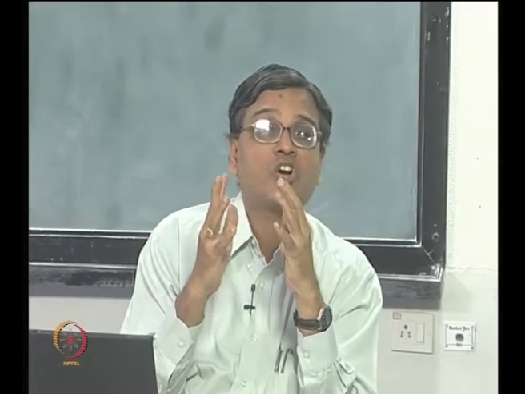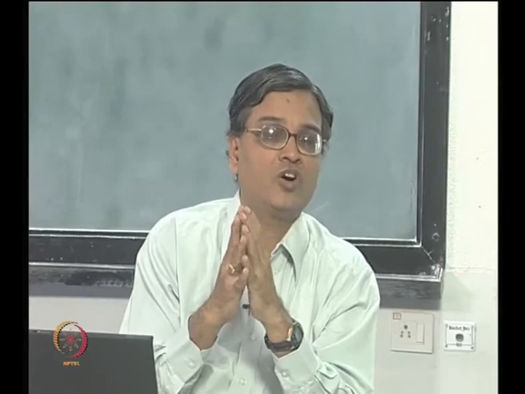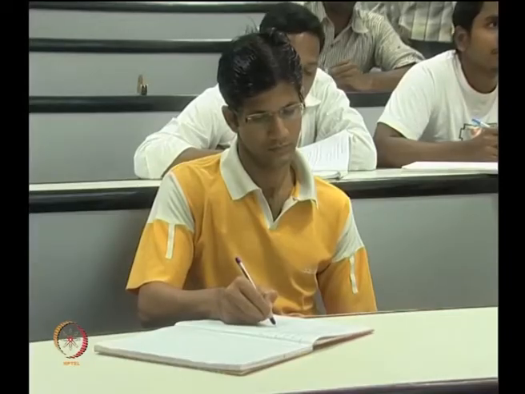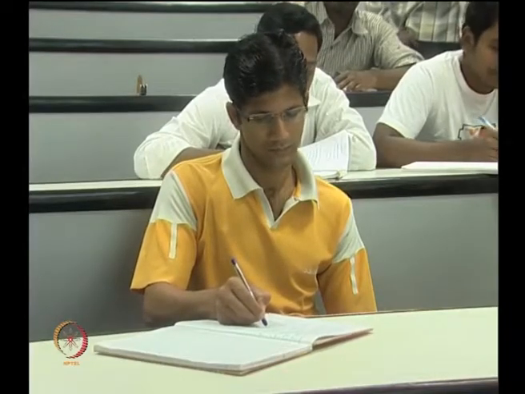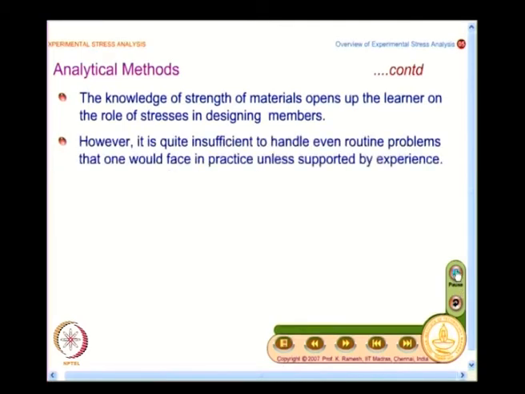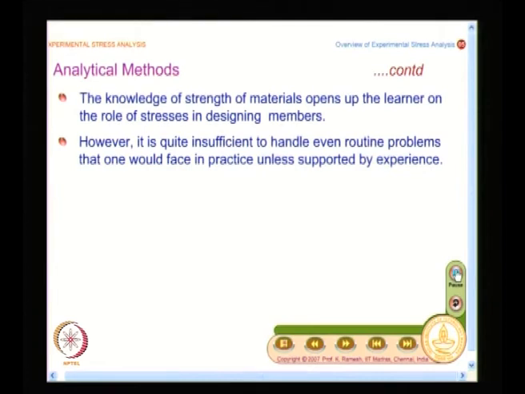So, analytical methods are very crucial in giving a conceptual appreciation on very simple problems, but you will restrict to a class of slender members, you will not go to any other class of problems, and this is very effectively used in design. If you go to the second level course, you always use the design based on very simple idealization based on strength of materials.